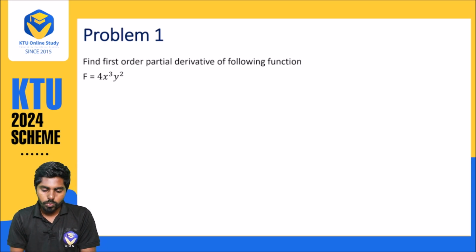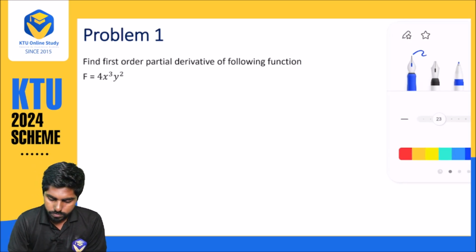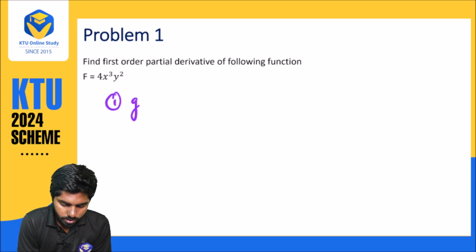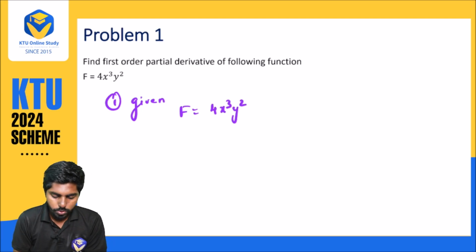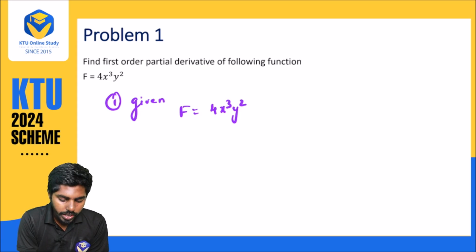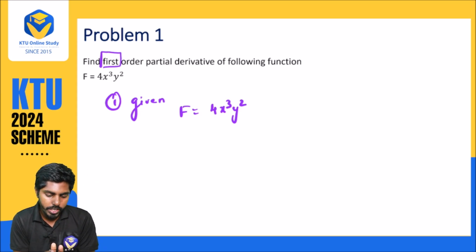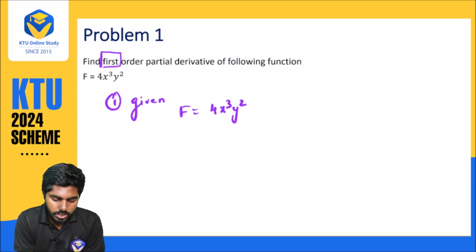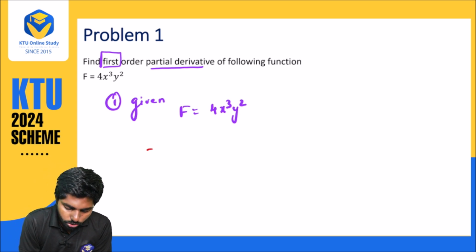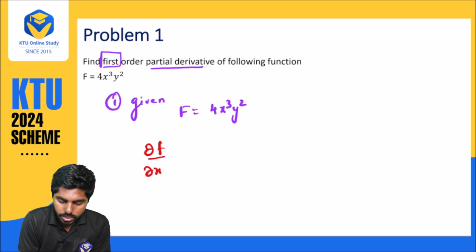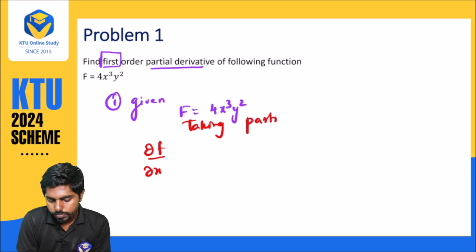In problem number 1, what have they given? Given f is equal to 4x cube y square. What have they asked? Find the first order partial derivatives. You want to be very careful here. So dou f by dou x, taking the partial derivative with respect to x.